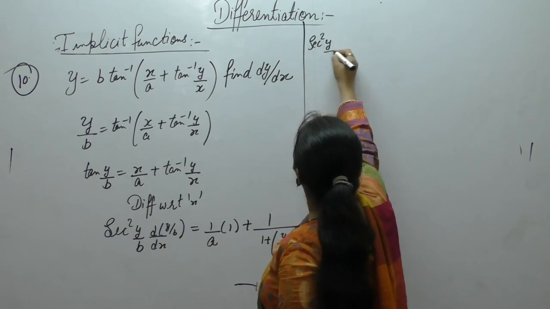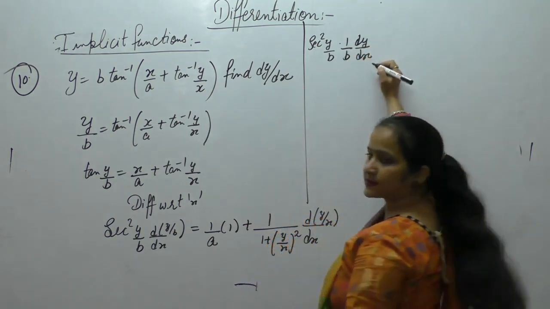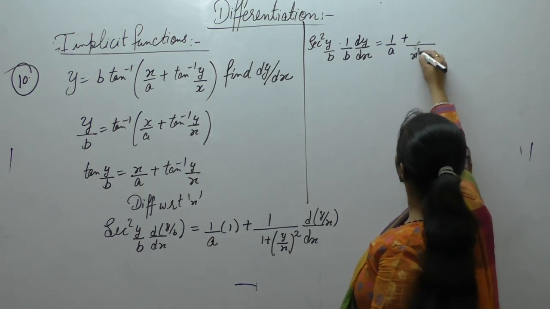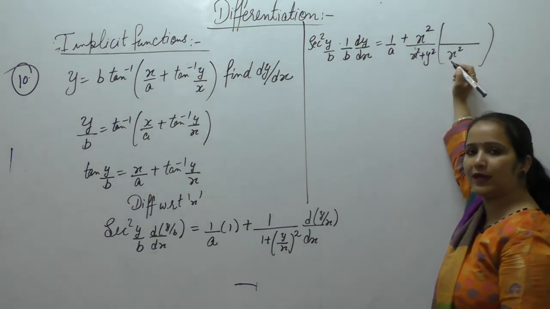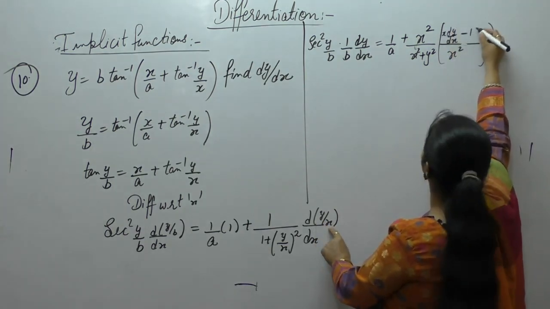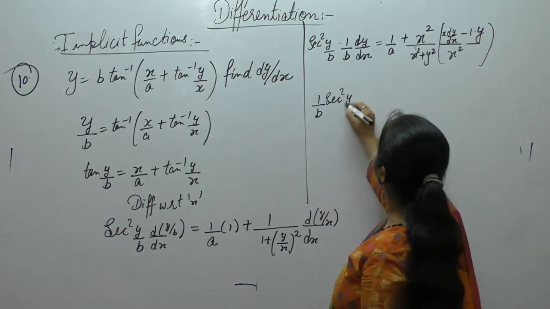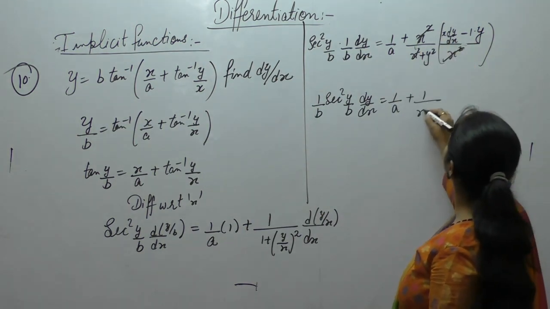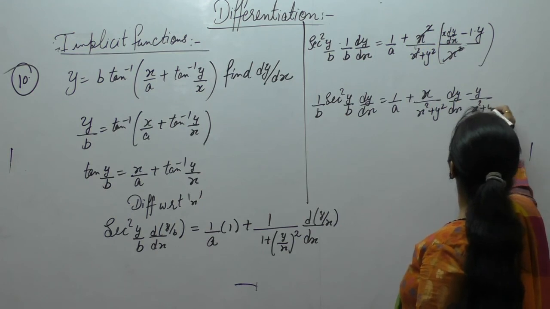Sec square y upon b, 1 upon b is constant, derivative of y is dy upon dx, equals 1 upon a, take the LCM here, x square plus y square, x square, using the u upon v rule, v square, u dash, derivative of y, u dash into v minus v dash, derivative of x, into u. 1 upon b sec square y upon b dy upon dx equals 1 upon a, this will get cancelled, plus 1 upon x square minus y upon x square plus y square.